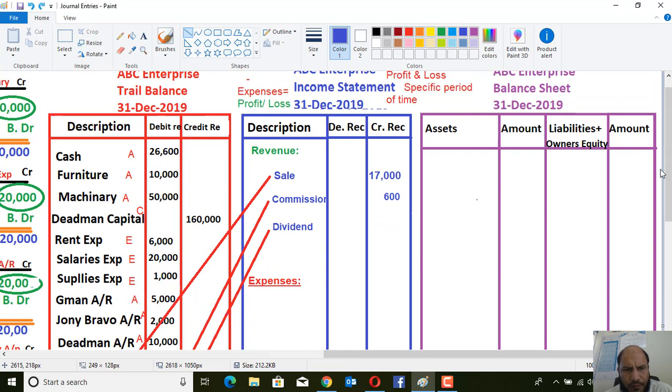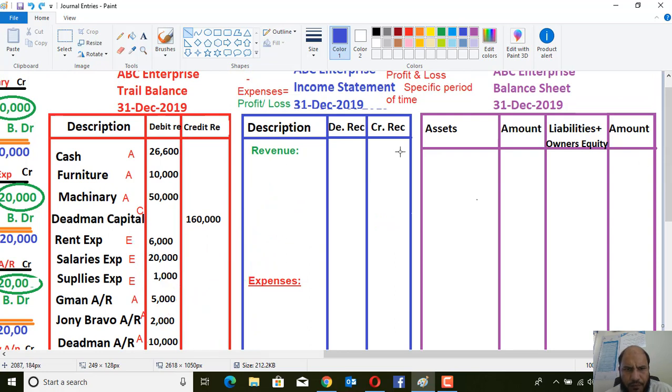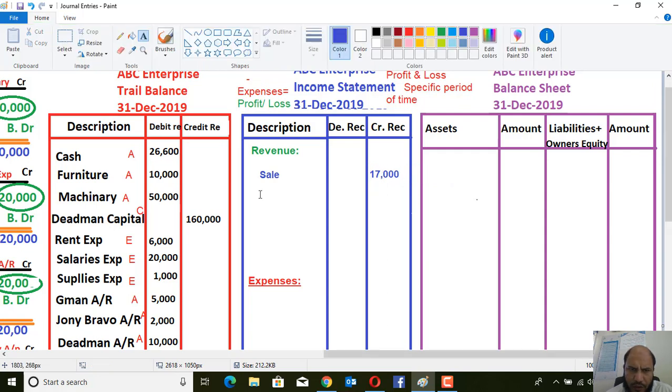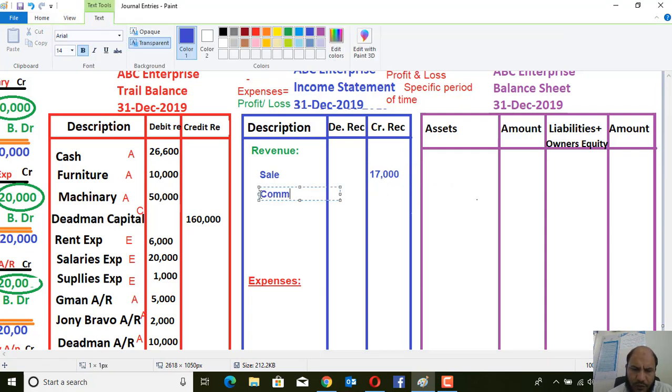So our first account in revenue, let me show you again, was sale, and it was equivalent to 17,000. The second one was commission, it was equal to 600.